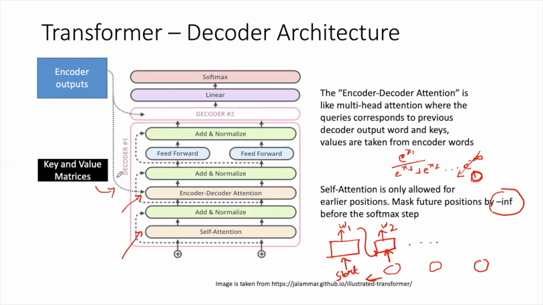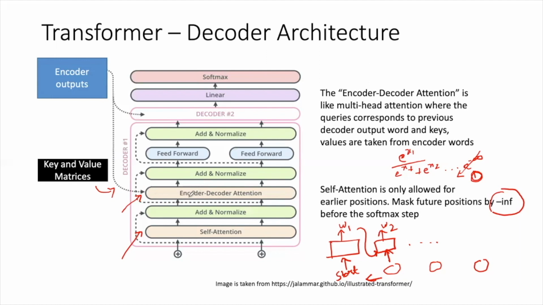Once you generate the keys and values, those are used to calculate this encoder-decoder attention. Previously, in the self-attention block, we have the query, key and value vectors for each word in our input. Here we don't do that. We have the query vectors only for the decoder words, and the key and value vectors are from the encoder outputs.